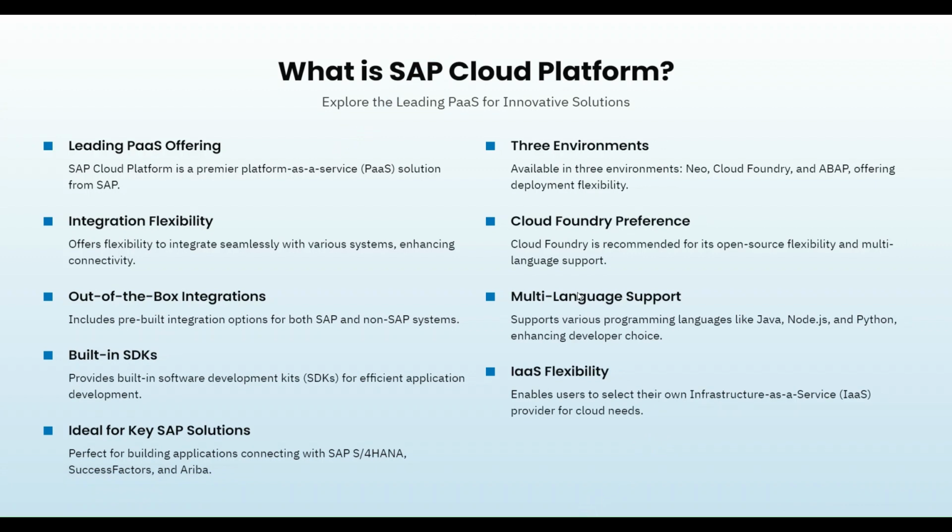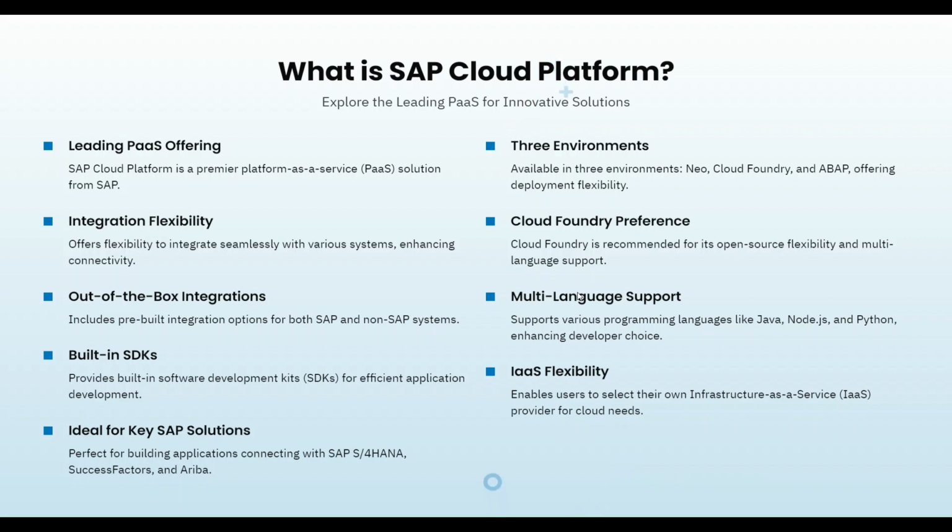As you can see, what is SAP Cloud Platform? Currently, it is known as SAP BTP, Business Technology Platform. It is a premier platform as a service solution offered by SAP. It allows you to integrate seamlessly with various systems, ensuring high connectivity and workflow efficiency.